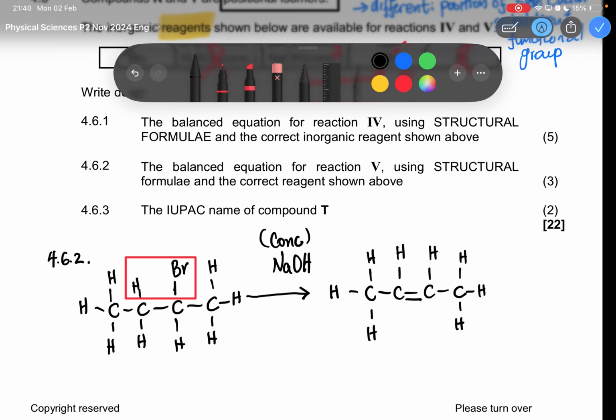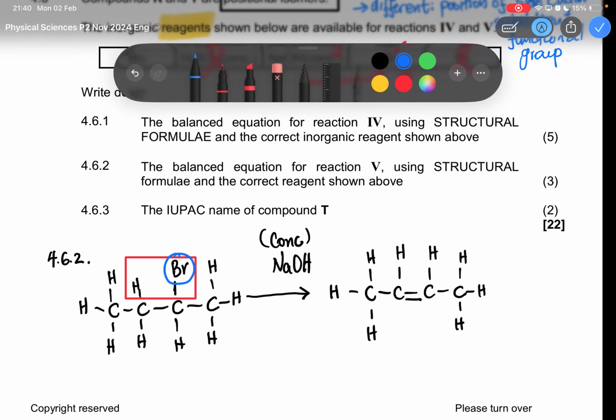So this dehydrohalogenation is going to produce 3 products. So the question is, where is the Br going? Where is the hydrogen going?